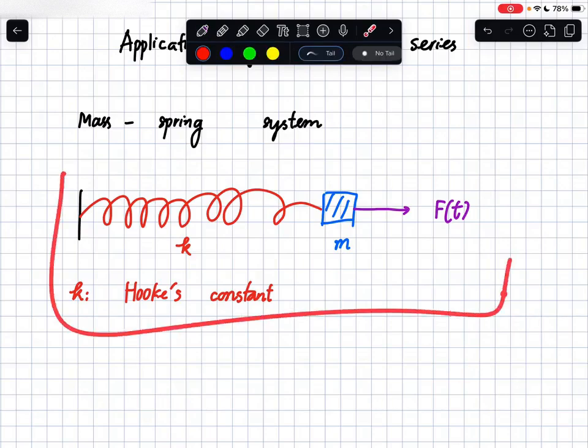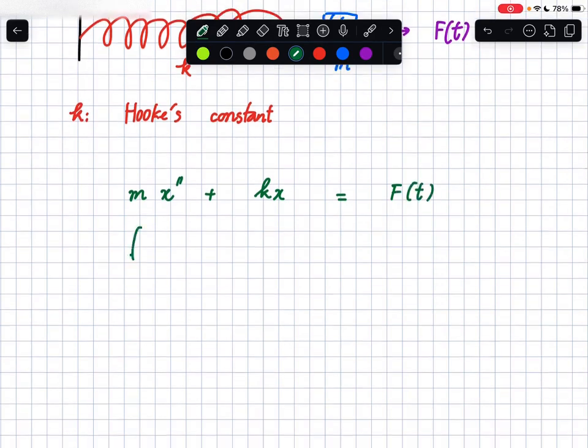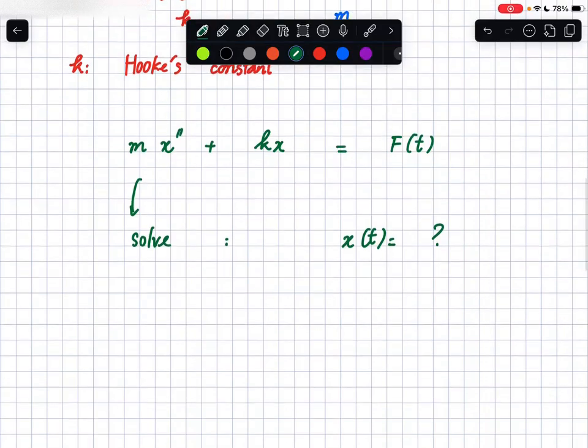So here's our system. We have the ODE corresponding to the system: M times x double prime plus K times x equal to F(t). We want to solve it for x. Now x(t) is a non-homogeneous system. So x(t) will be x homogeneous part plus x particular part.